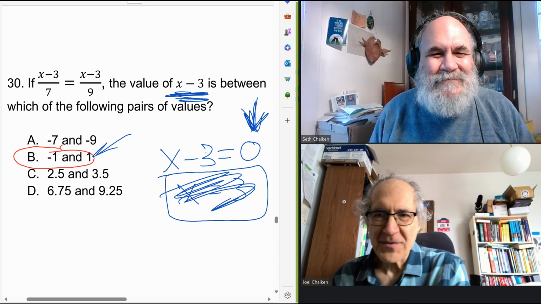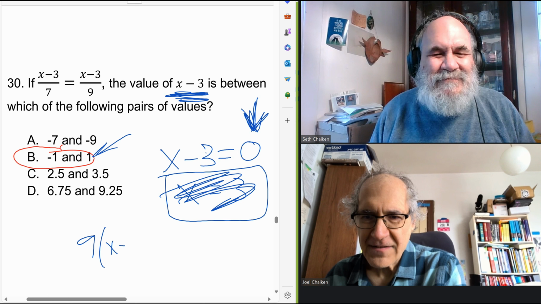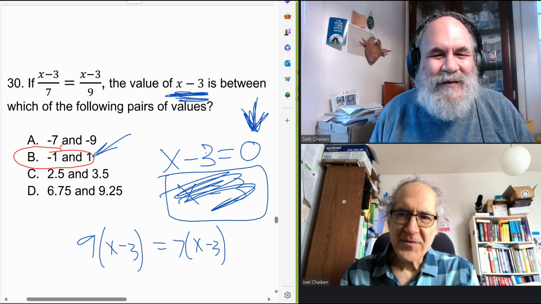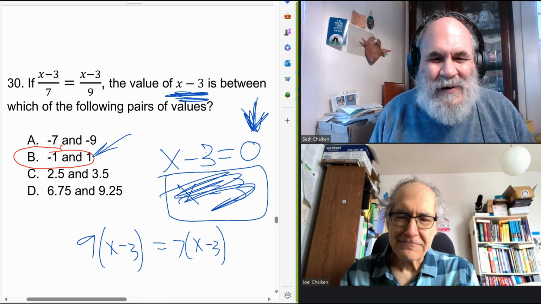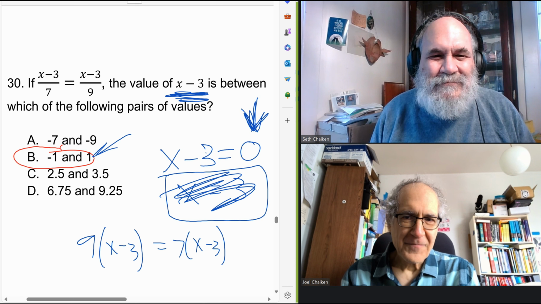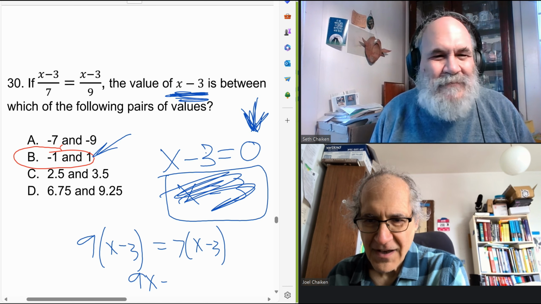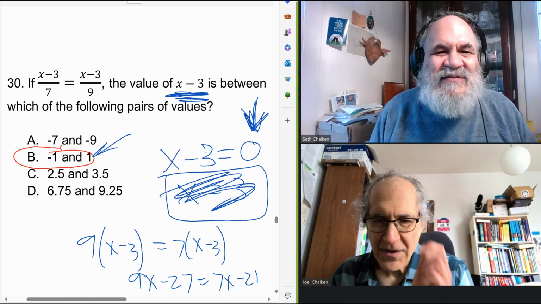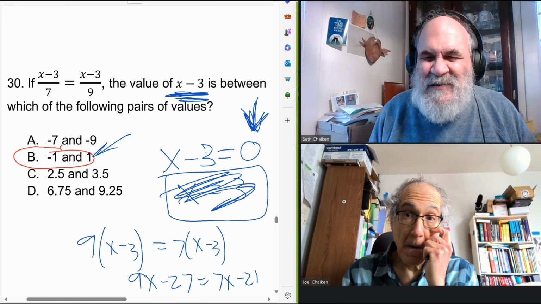Maybe I would have multiplied 9(x - 3) is equal to 7(x - 3). Well, I could have done that, couldn't I? The point is, it's a matter of sensitivity to the patterns.